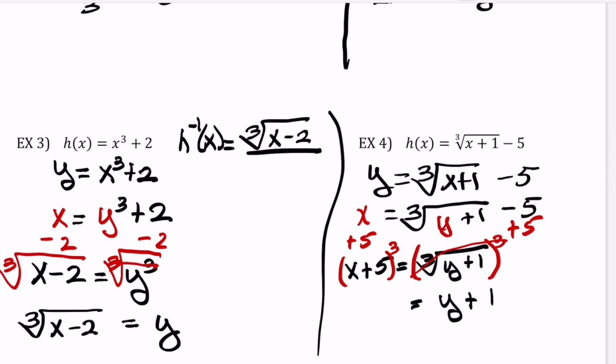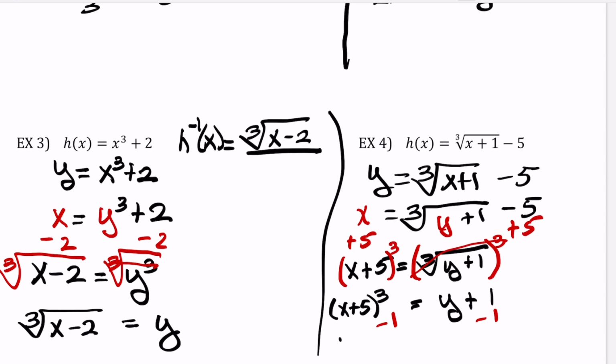On the left side, I have x plus 5 to the third power. And I'm not going to try to multiply that out because remember, my goal is to just get y by itself. And there's only one more step here to get y by itself. You subtract the 1. And that 1 is not underneath that third power, so I can't subtract it from that 5.